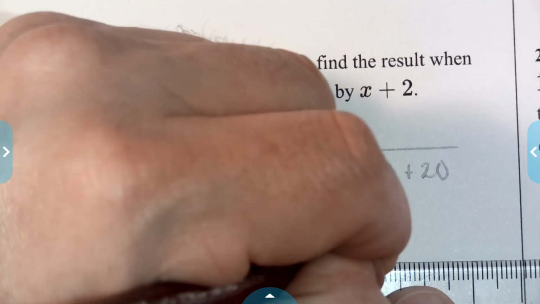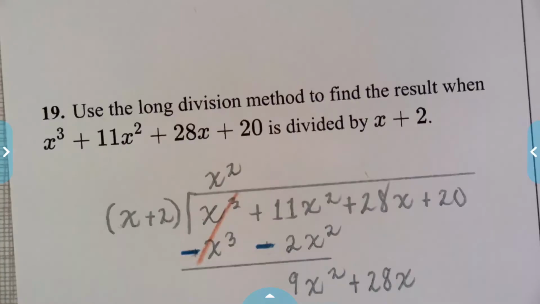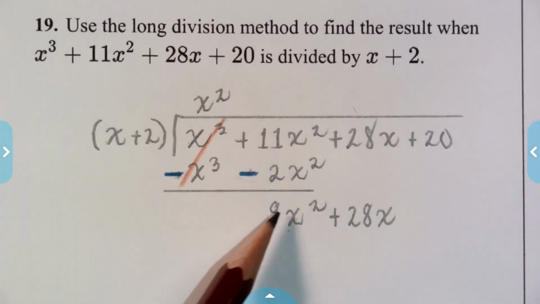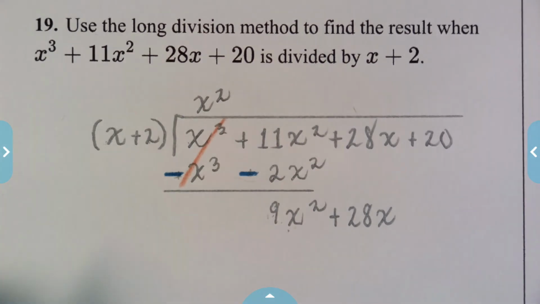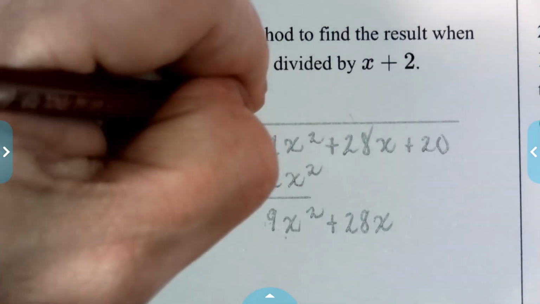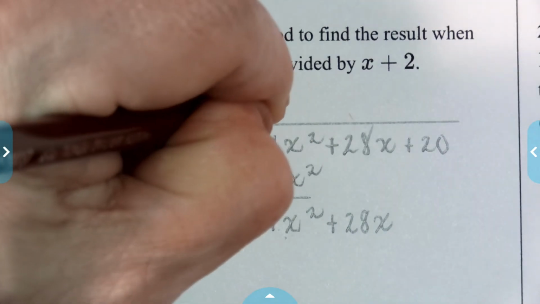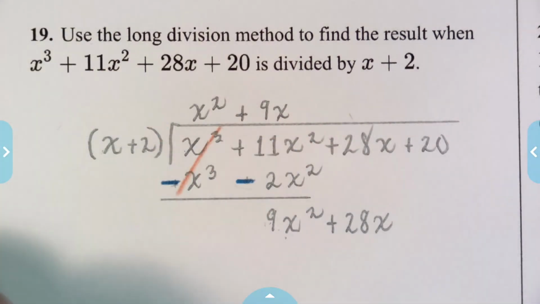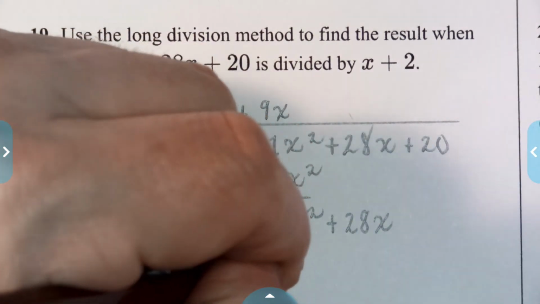So now you got 9x squared here plus 28x. All right, so what times x will equal 9x squared? Well, it would just be 9, right? 9x. So plus 9x and we multiply that. 9x times x is 9x squared.